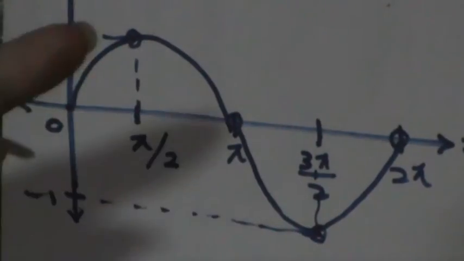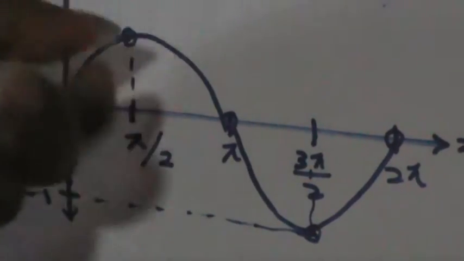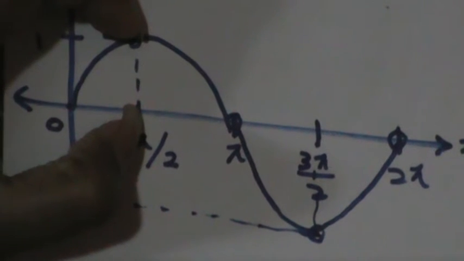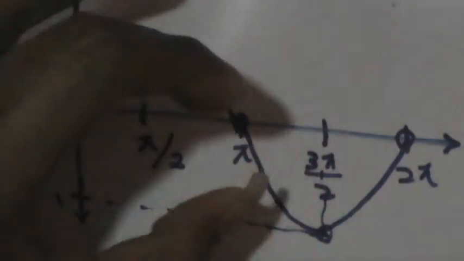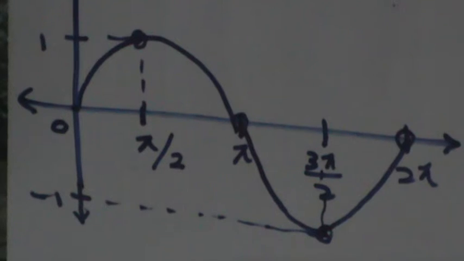So y equals a times sin bx. The amplitude of this graph is called the maximum displacement. As I mentioned before, in the y equals sin x graph, this length, the distance between the mean position and the maximum displacement, this is plus 1 and this is minus 1. So it will be the same displacement quantitatively. So we will take the absolute value, because we don't need whether it's plus or minus, we need just the amplitude.